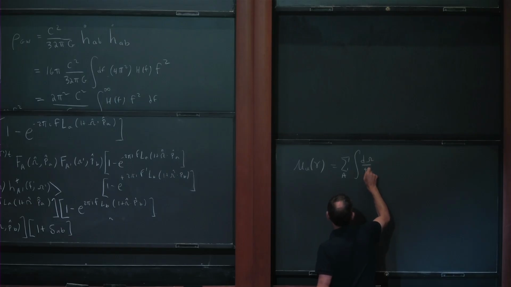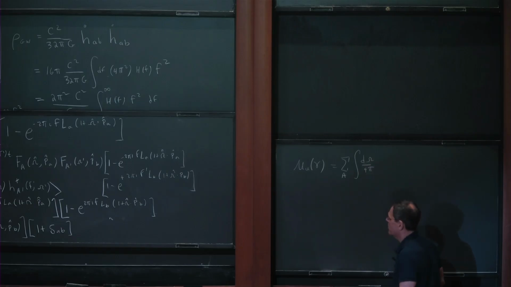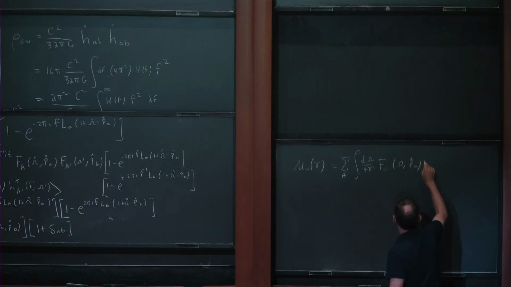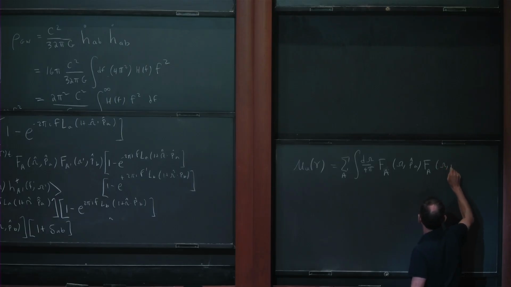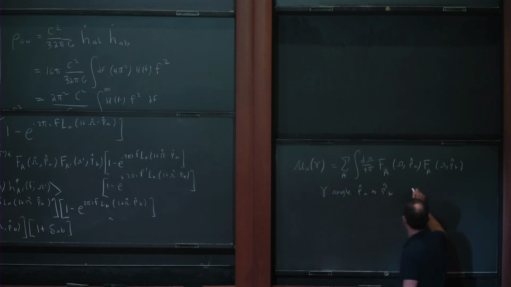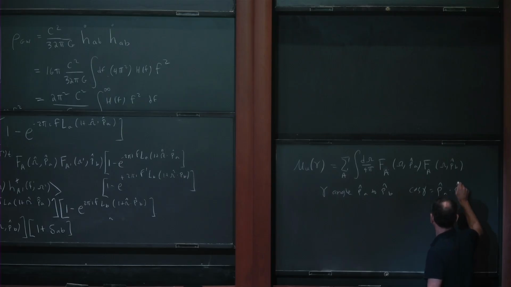They defined this as an average over the sphere, so they threw in a factor of 4 pi. Omega p hat A, f A, omega p hat B. And here gamma is the angle between p hat A and p hat B, meaning that the cosine of gamma is p hat A dotted into p hat B.